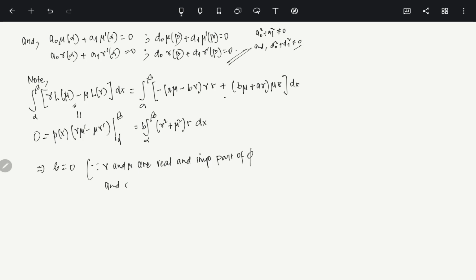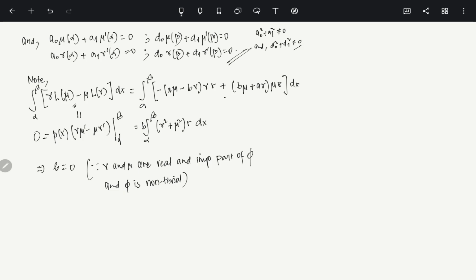So gamma and mu are not simultaneously 0. It cannot be both 0 at the same time. So basically mu square plus gamma square cannot be 0. At least something has to be positive.